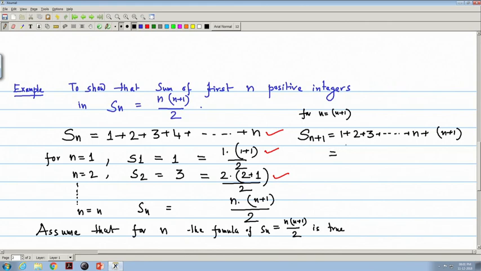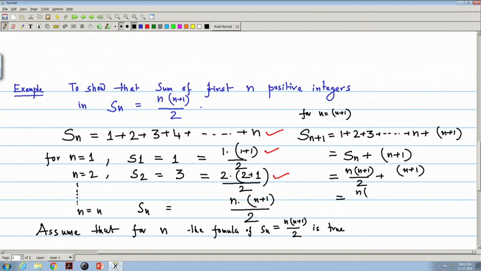Now, this I can write as Sn plus n plus 1. Sn is the sum up to n terms, and we have assumed that for n it is true. So, we write the formula for Sn, which is n into n plus 1 by 2 plus n plus 1.